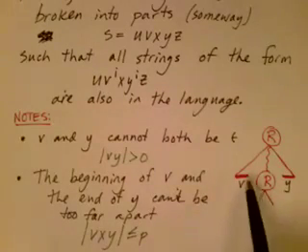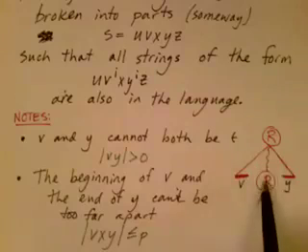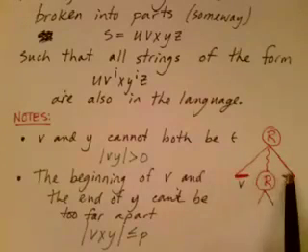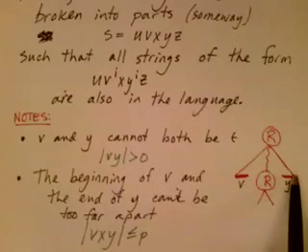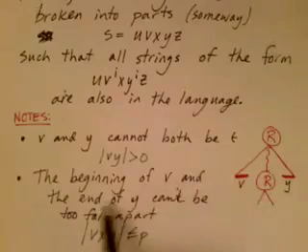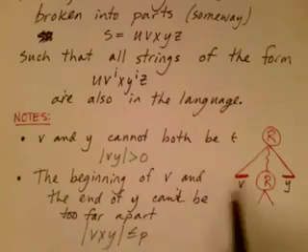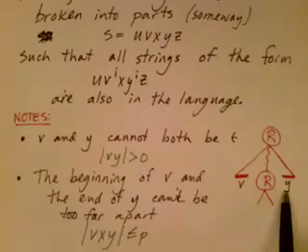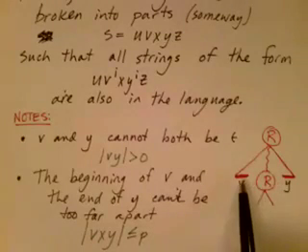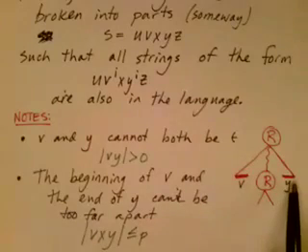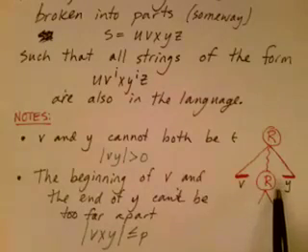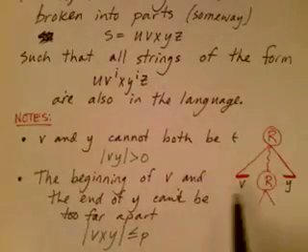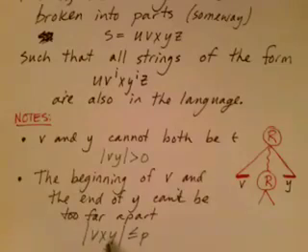And also, notice that we have to have a repeat before we get too long a space between the beginning of V and the end of Y. So the beginning of V and the end of Y can't be too far apart. In particular, the length of the string VXY has to be less than or equal to P. In other words, it can't be any larger than P itself. So before we have P characters, we have to be able to find V and Y.